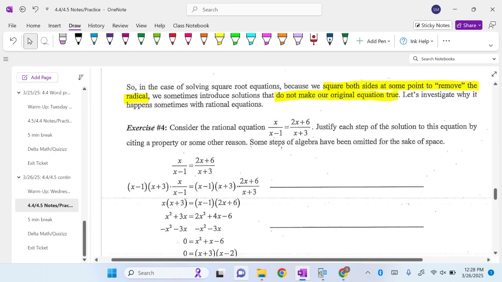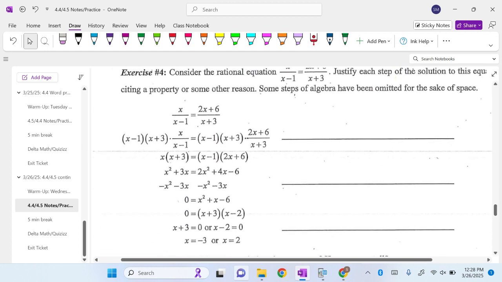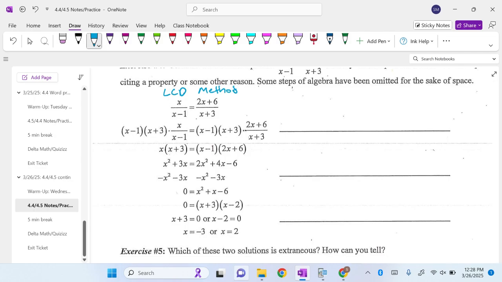Remember, with rational equations, that's when we can cross multiply. That's also when we can do LCD. So all these steps below, they're using the LCD method to solve this equation. Now, we could solve it by cross multiplying, and that would sometimes eliminate the need for extraneous solutions. But if they do LCD, sometimes that does introduce extraneous solutions.